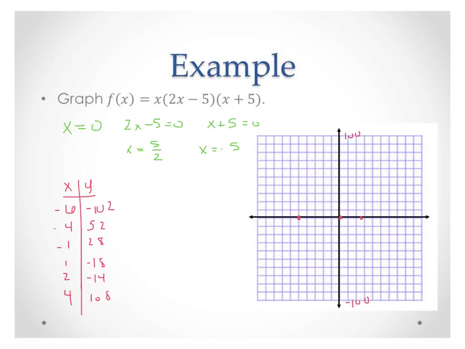All right, so then I can plot -6, -102 is down here. -4, 52, it's going to be about there. -1, 28, maybe about there. 1, -18. 2, -14.